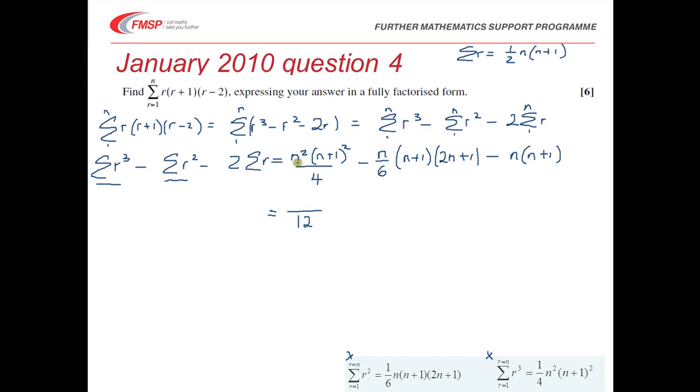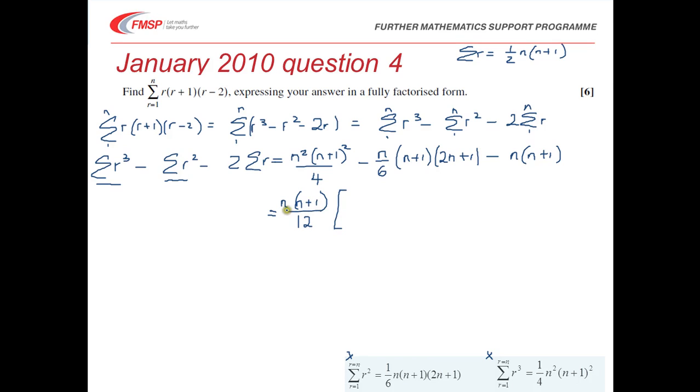We have an n here, here and here, so n is a common factor, and we have an n plus 1 in each term, so n plus 1 is also a common factor. Don't try multiplying out, because that really is a backward step. The trick at this stage is always to look for common factors.